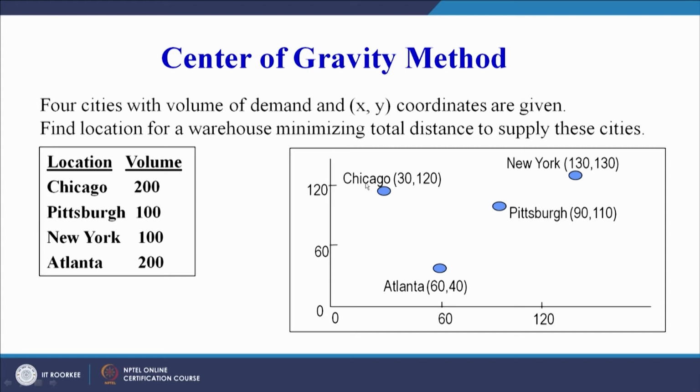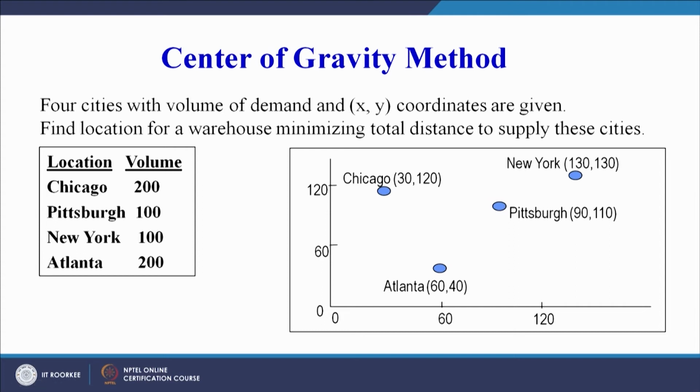So we can see Chicago, x coordinate is 30 and y coordinate is 120. Similarly, Pittsburgh, x coordinate is 90 and the y coordinate is 110. So we have the x and y coordinates for all the 4 locations. Now find the location for a warehouse minimizing the total distance to supply these cities.